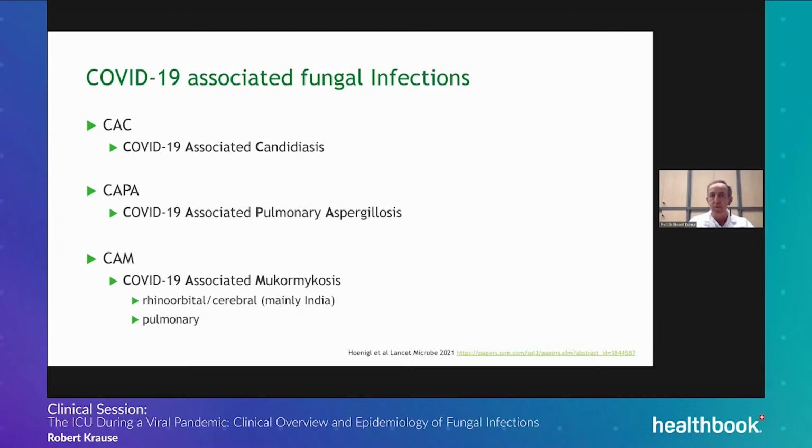First, COVID-19 associated invasive candidiasis, then CAPA, COVID-19 associated pulmonary aspergillosis, as you all know, and CAM, COVID-19 associated mucormycosis, mainly rhino-orbital and cerebral in India, but also pulmonary, and pulmonary mainly in the rest of the world.